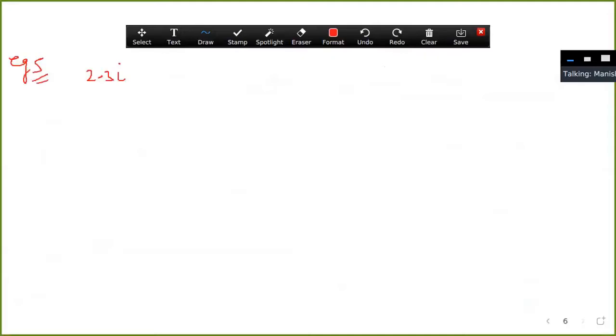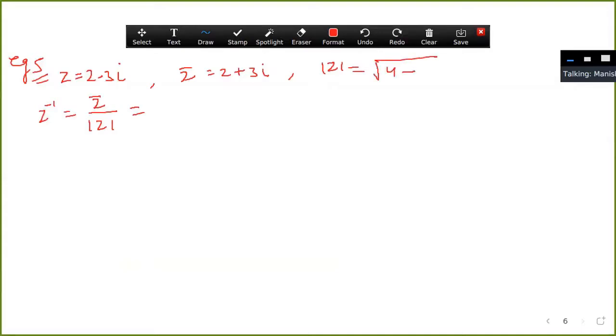If it is z, then you can apply the direct formula. z inverse is equal to z conjugate upon mod of z square. Conjugate of z is 2 plus 3 iota, and mod of z will be equal to under the root 2 square plus minus 3 square, that is 9, root 13.